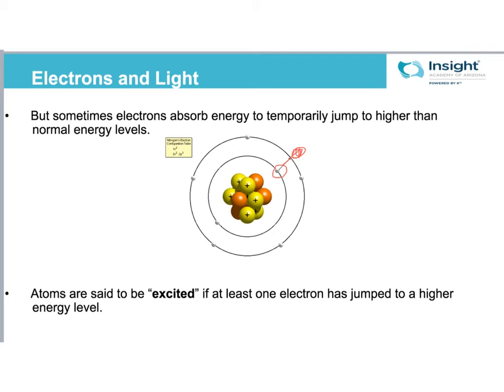What do you think is going to happen once that electron is allowed to kind of go back to normal? Based on what we've talked about so far, is that electron going to want to stay in that higher orbital?